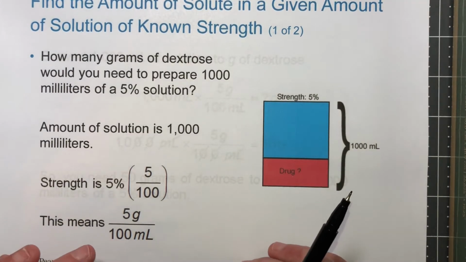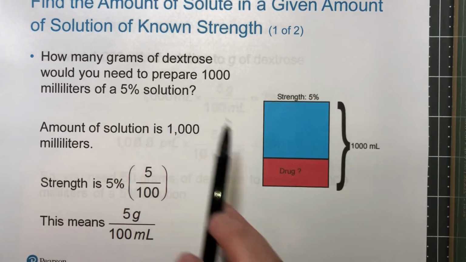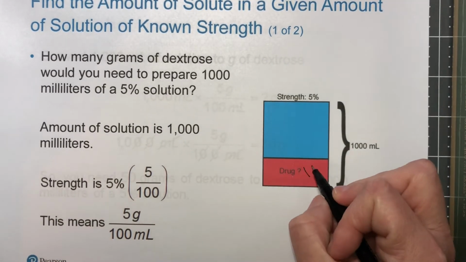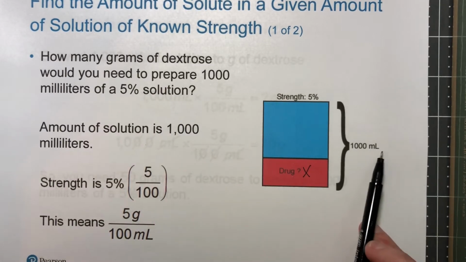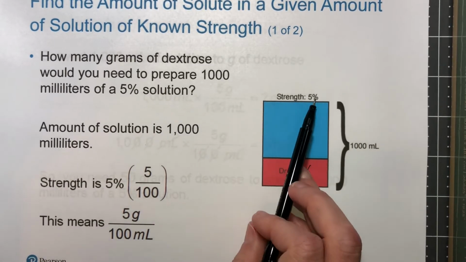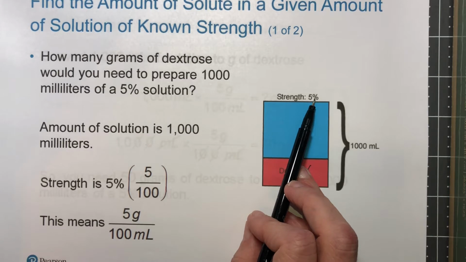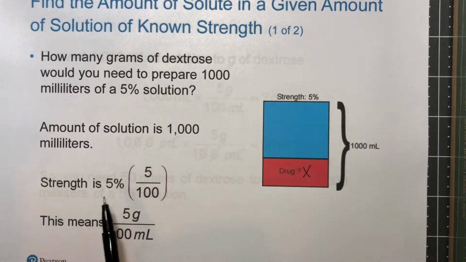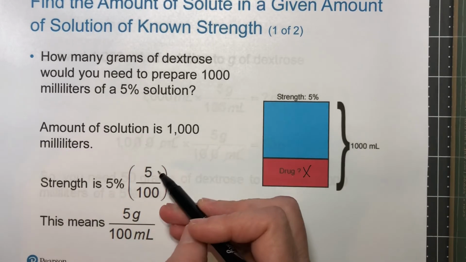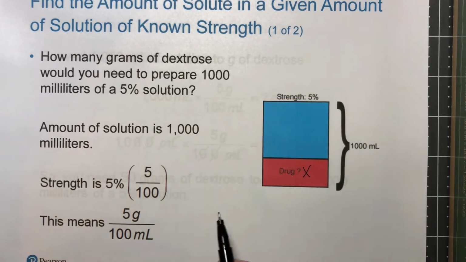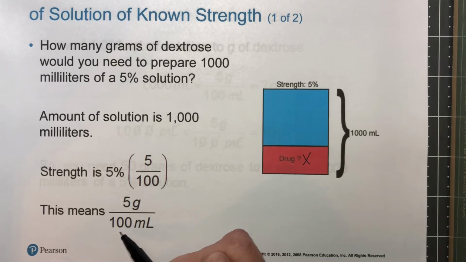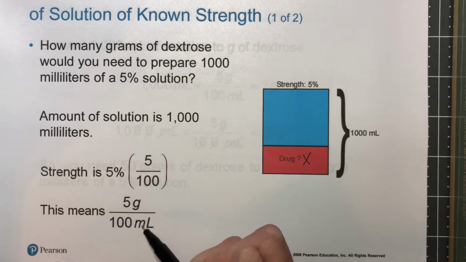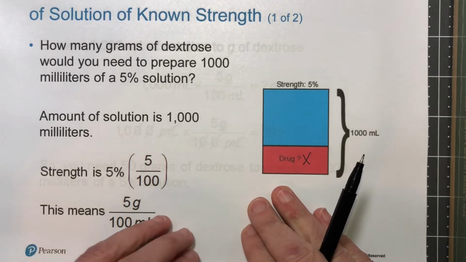How many grams of dextrose, so this is the drug that we don't know right here, would you need to prepare 1,000 milliliters of a 5% solution? The strength is 5%, which means 5 over 100. So this is 5 grams per 100 milliliters. So that's the strength.